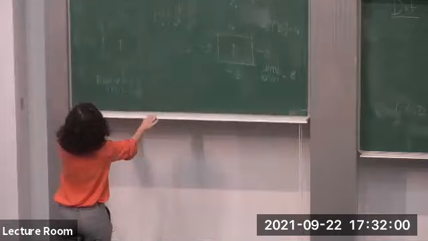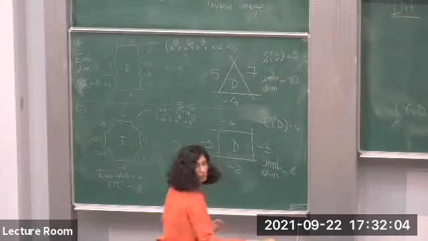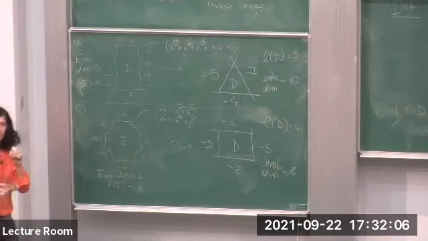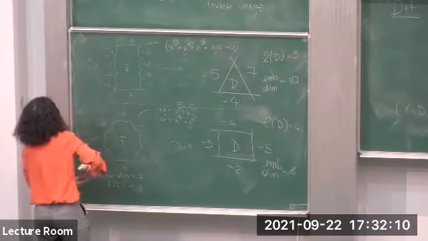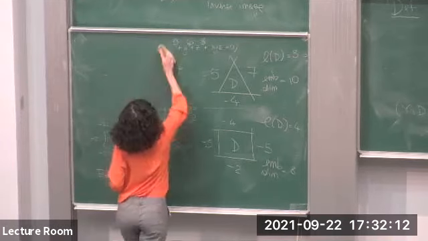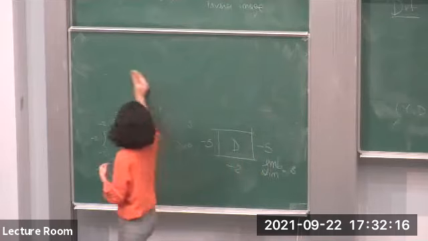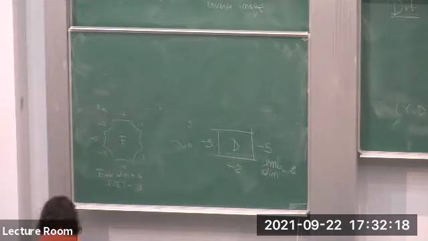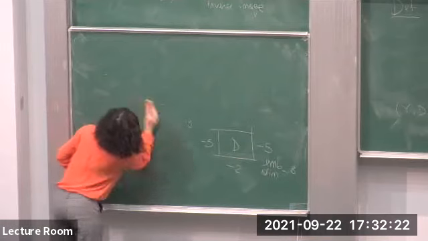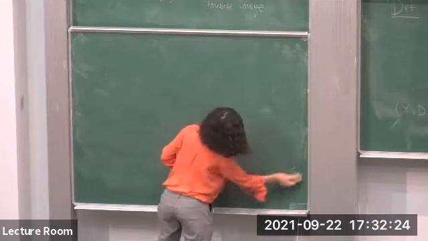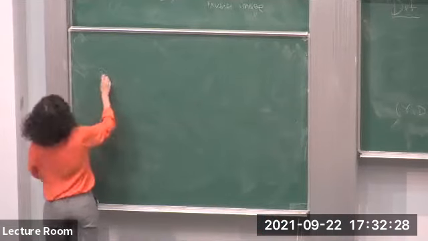Or, instead of blowing up one node, you blow up an interior point, one of the smooth points on the cycle.